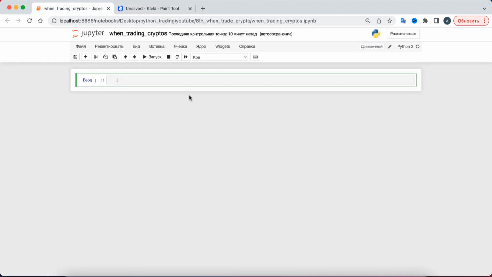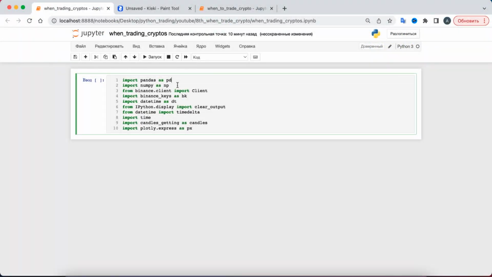Okay, let's go to code something, and of course we are starting by importing libraries. So what do we need to code the script? Of course, pandas, numpy, Binance client, and Binance keys.